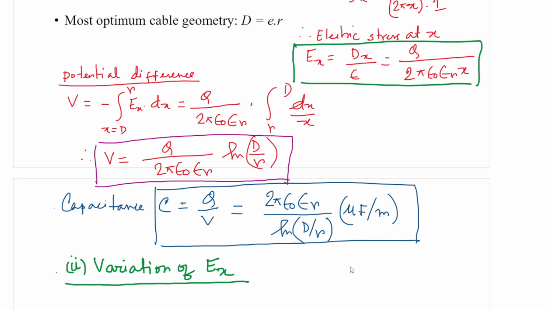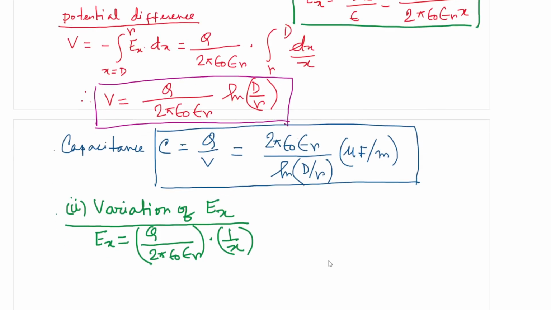What we have is Ex, which is equal to q by 2 pi epsilon 0 epsilon r into 1 by x. This much we have.